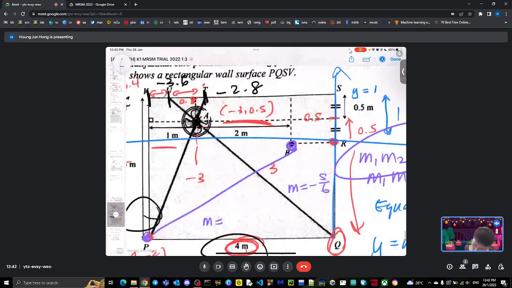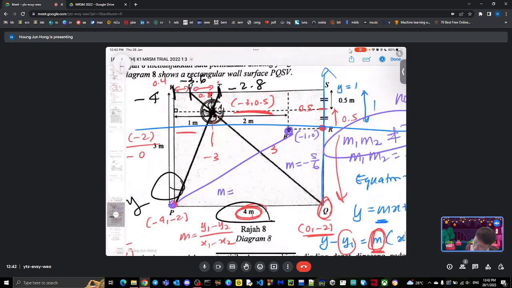So this point is actually negative 1, 0. So just do your math: negative 2 minus 0, negative 4 minus negative 1. So it will become negative 2 over negative 3, which is 2 over 3, the gradient of PB.